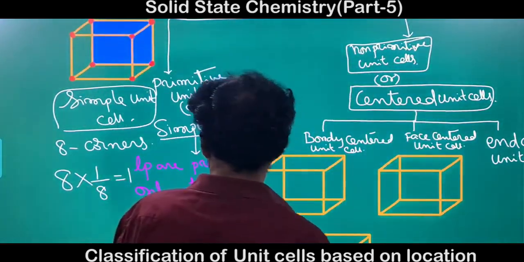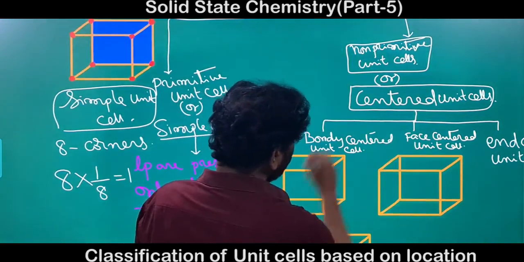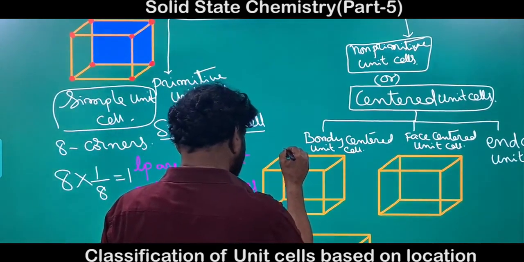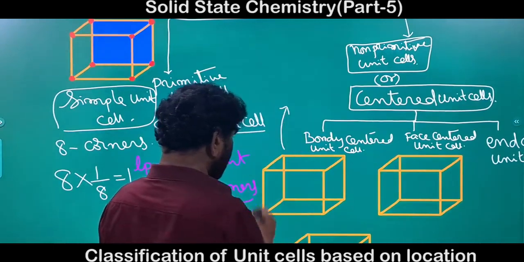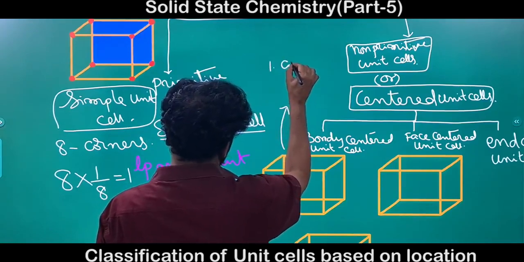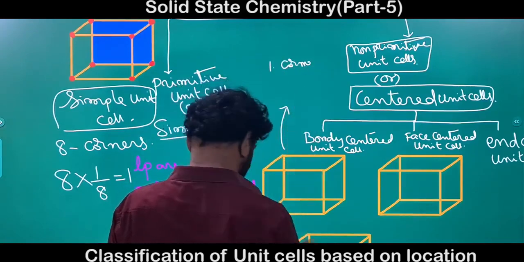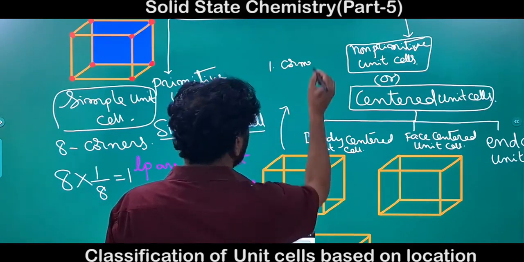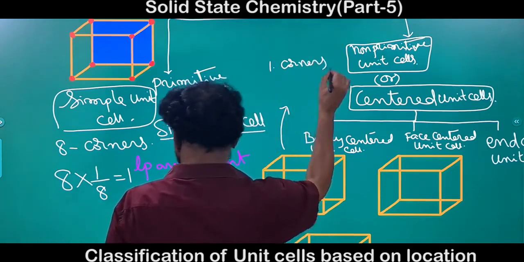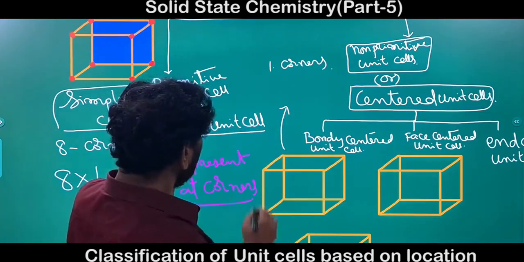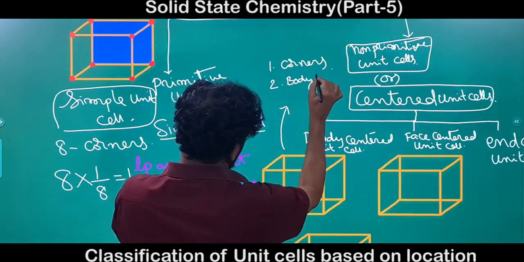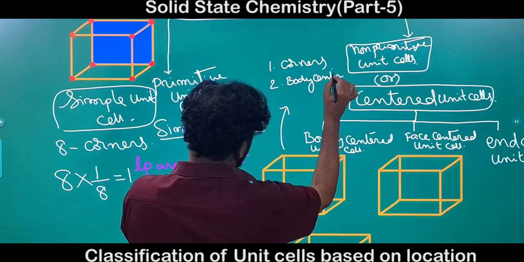Now the body centered unit cell. Here, lattice points are present at the corners, and the second one is the body center, along with the corners.